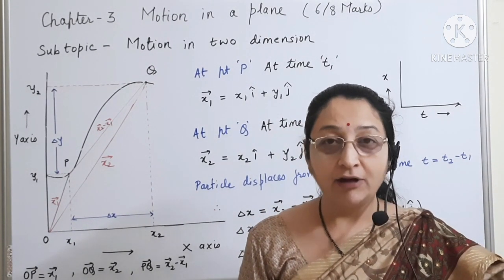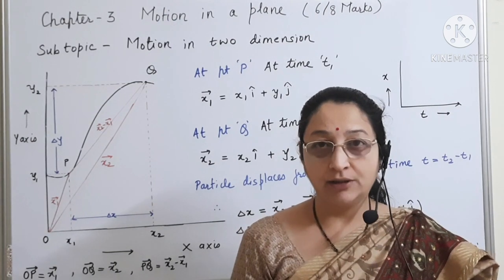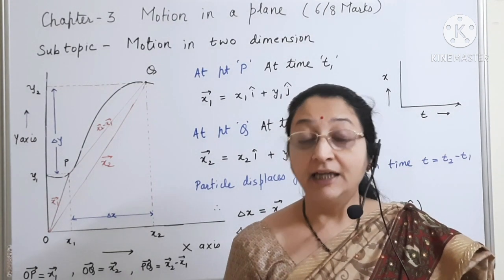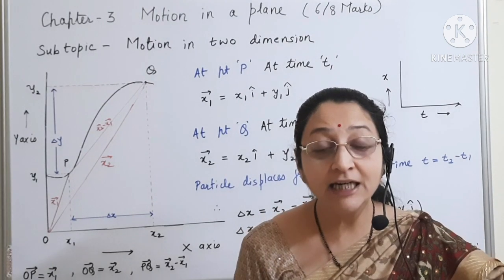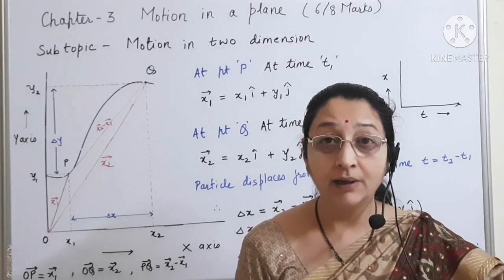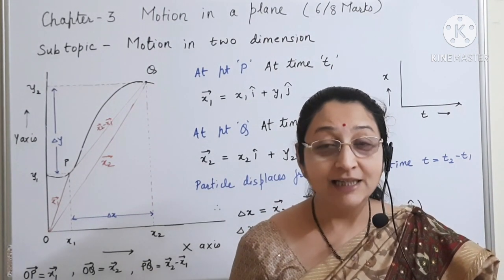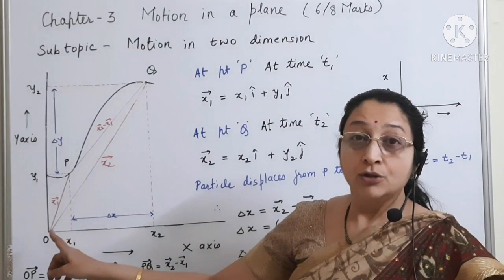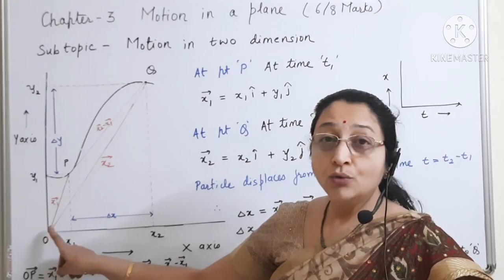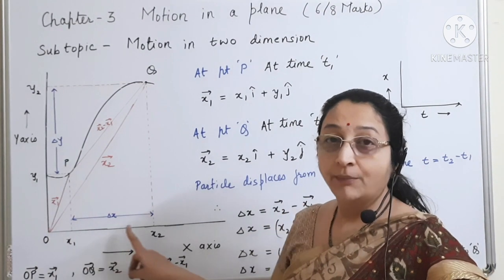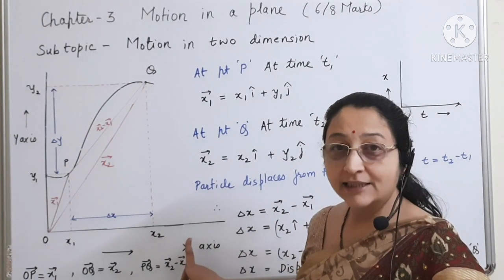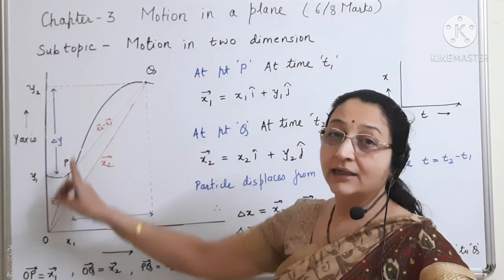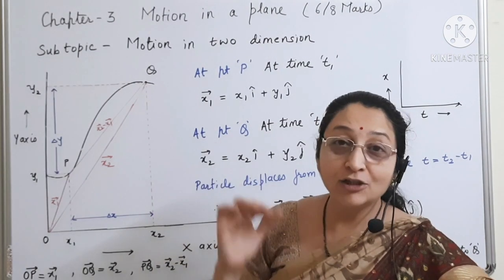We have discussed the definition. All these definitions, as they were in the straight line motion or the rectilinear motion, remain the same. Only the difference is that now we have the two dimensions. That is, the particle is moving along the x-axis and simultaneously the particle is moving along the y-axis also.